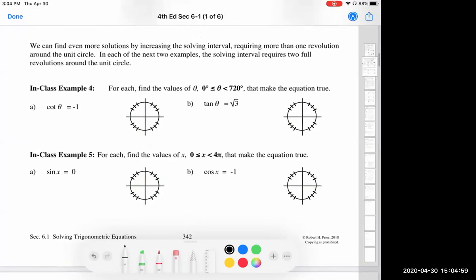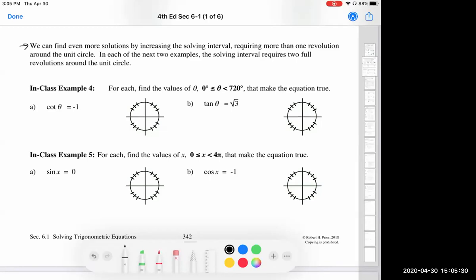In class example 4, let's read that text above. We can find even more solutions by increasing the solving interval requiring more than one revolution around the unit circle. In each of the two examples, the solving interval requires 2 full revolutions around the unit circle. In class example 4, find the values for which 0 is less than or equal to theta less than 720 that make the equation true.